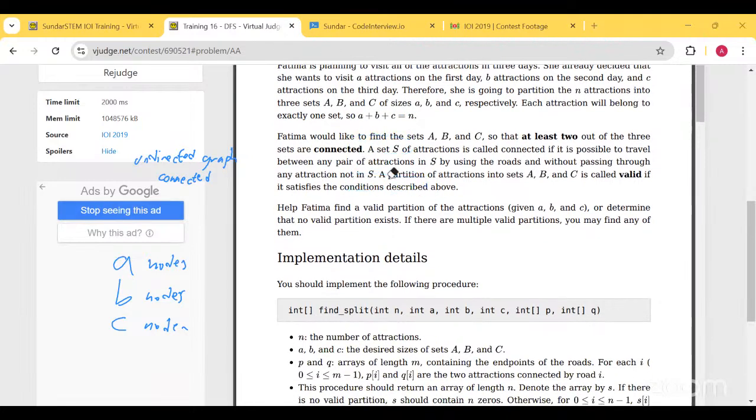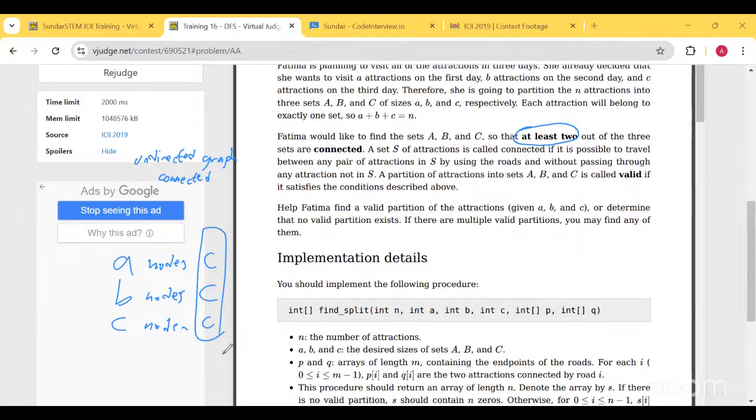And then the most important rule is at least 2 out of the 3 sets are connected. So for example, this is connected, and this is disconnected. It is okay. Or this is connected, and this is disconnected. It is also okay. What if both of them are connected?